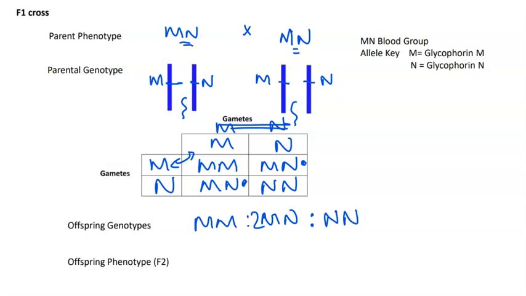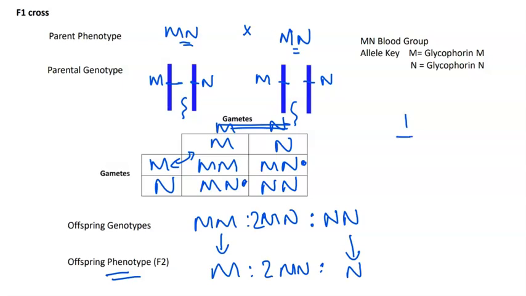Now, when we come to the offspring phenotypes, we will end up with 3 distinct phenotypes, because this ends up as blood group M, this is blood group N, and then we would end up with 2 MN. So let's just go through the probability of that.